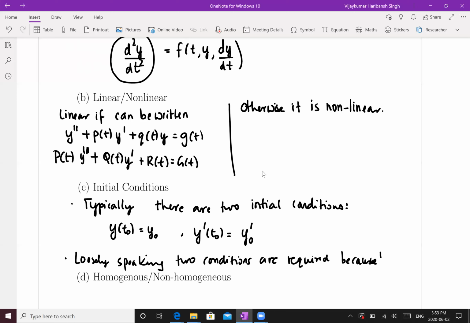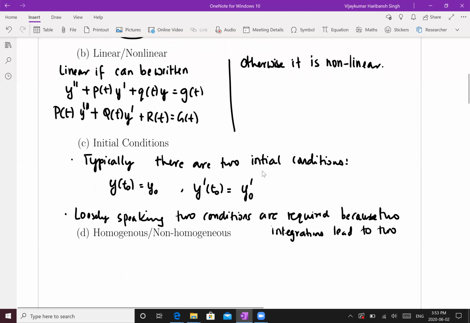You will use integration to get from y double prime to y prime, and then there will be another integration involved, which will give you from y prime to y. So because two integrations are involved, two integrations lead to two arbitrary constants.